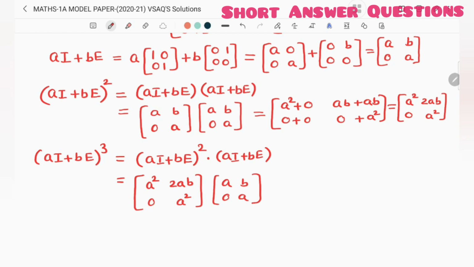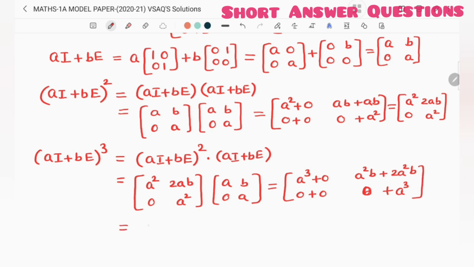Now multiply: a square into a, a cube; 2ab into 0, plus a square into b, a square b, plus 2ab into a, so 2a square b; 0 into a, 0, plus a square into 0, 0; 0 into b, 0, plus a square into a, a cube.